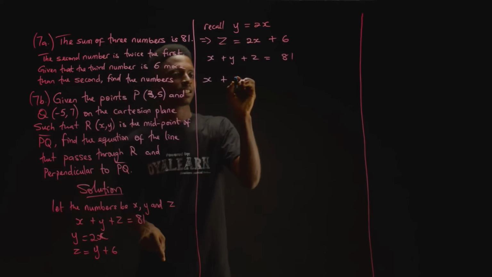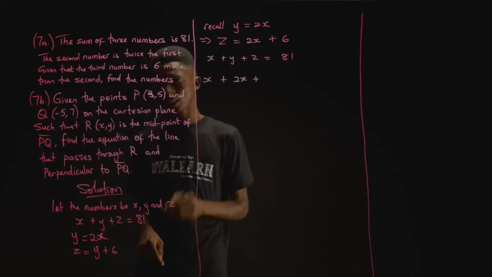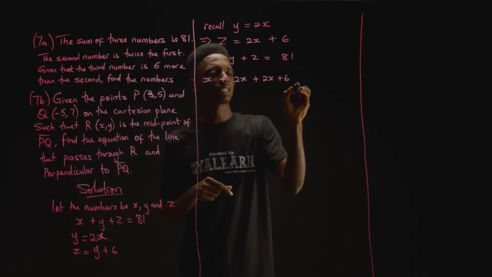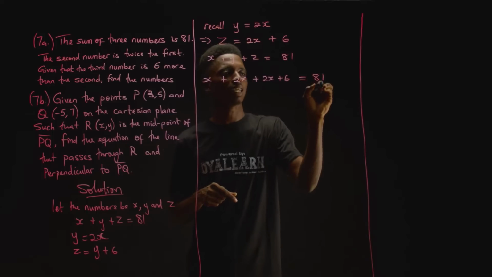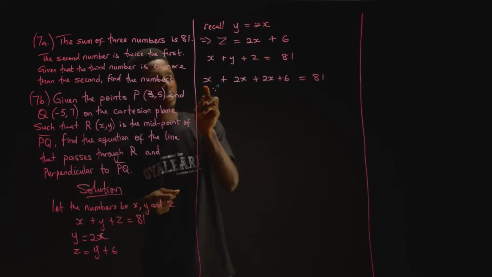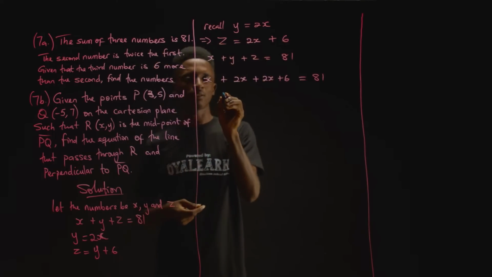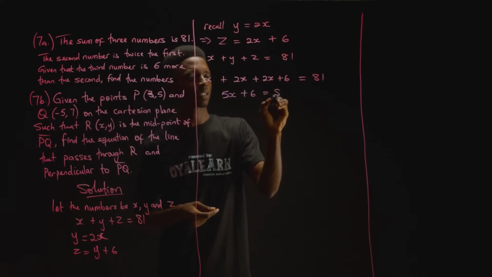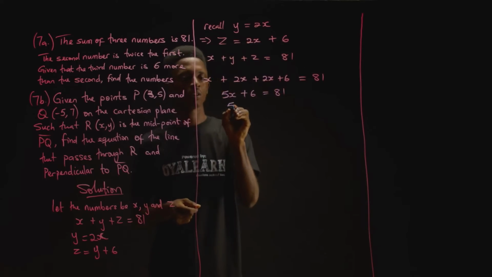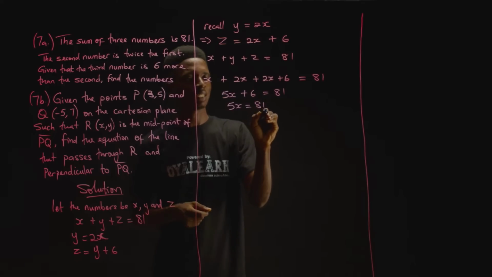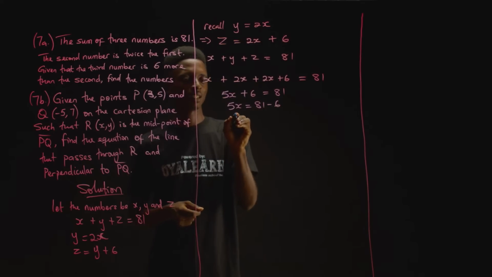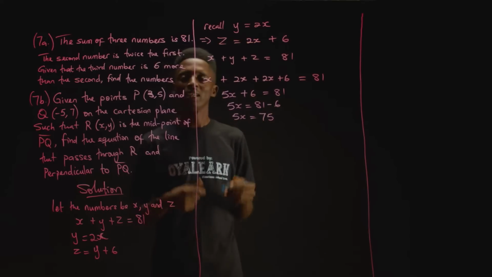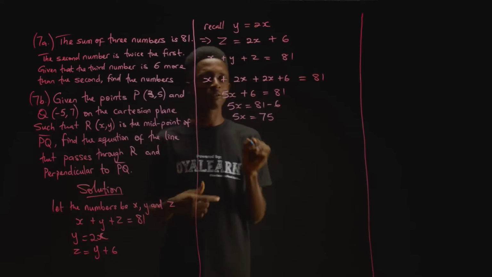Y is 2x plus z. Z is 2x plus 6. And all of this equals 81. Now, x plus 2x gives us 5x plus 6 equals 81. So 5x equals 81 minus 6. So 5x equals 75. Now divide both sides by 5.